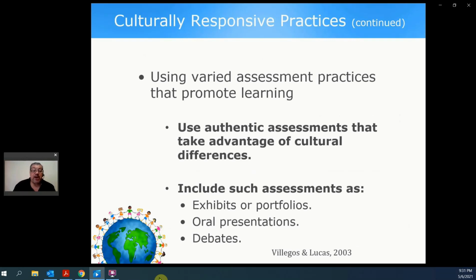Use varied assessment practices that promote learning. I think this one's huge. Use authentic assessments that take advantage of cultural differences. Include exhibits and portfolios, oral presentations, debates. I started using Nearpod and incorporated Flipgrid, where they can actually record their answers, and they can do it in Spanish, which has helped me become a better bilingual.